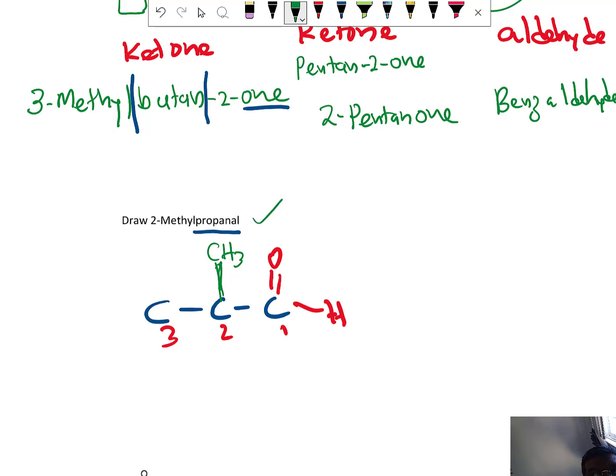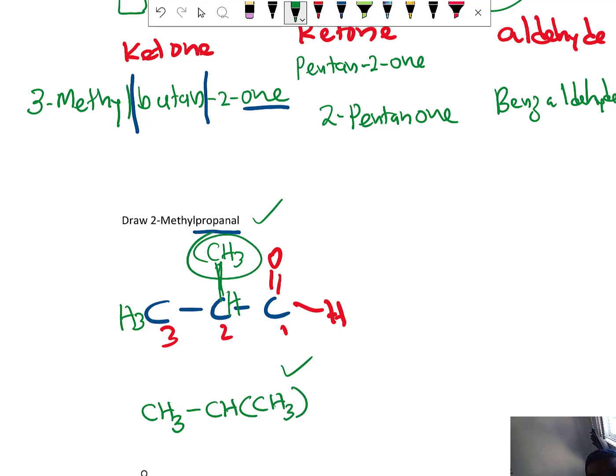And then let me put the hydrogens for you to see. The third carbon should have 3 hydrogens, and the second carbon should have 1 hydrogen, and the last carbon already has 4 bonds satisfied, so that's okay, right? If you write the condensed formula, it would look like CH3, CH bracketed CH3, that's the substituent.